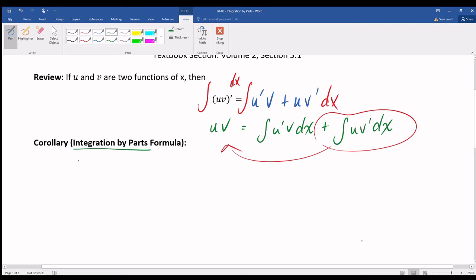Here's the integration by parts formula. Suppose that you're trying to take the integral of two functions multiplied together. Call one of them u prime and call one of them v.